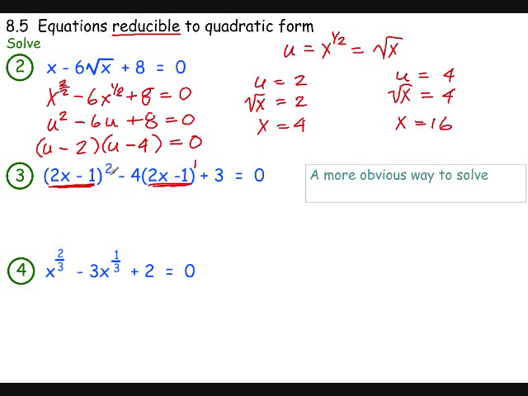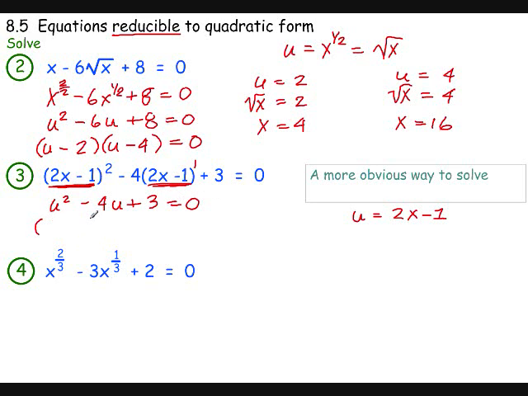And this has a power twice as large. So I could define my u as 2x minus 1. This would then read u squared minus 4u plus 3 equals 0.